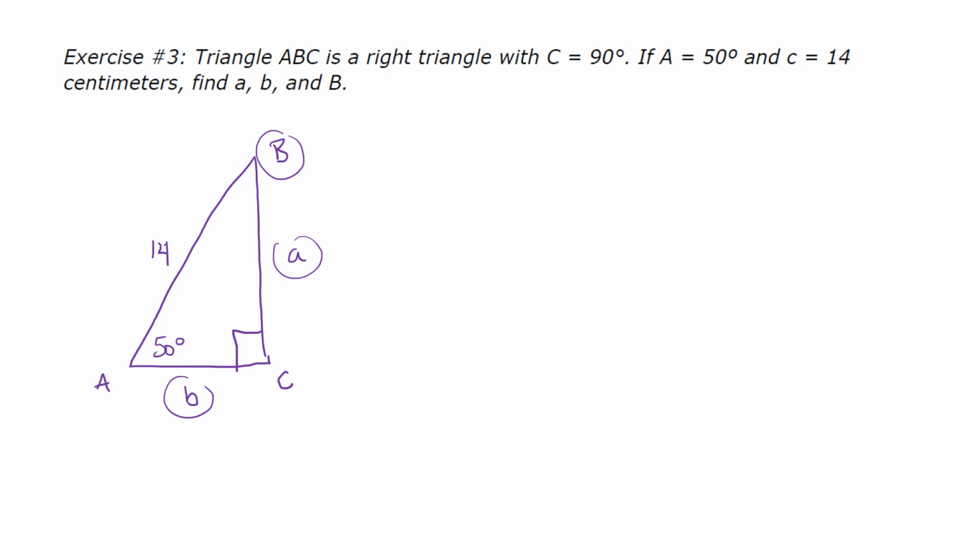So that means if I were to add angle A and angle B together, they would have to equal 90, so that the total equals 180. So B will equal 90 minus A. Well, I know that A is 50, and 90 minus 50 is 40.